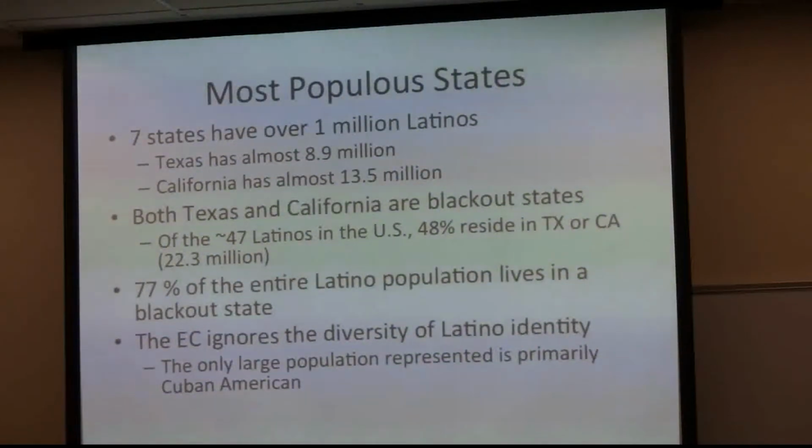Both Texas and California are blackout states. Just those 2 states being blacked out means that almost 50% of the entire Latino population is blacked out. So just the fact that California and Texas are non-competitive means that half of Latinos live in a place that is non-competitive. We can see there, almost 80% of the entire Latino population lives in a blackout state. That's huge.